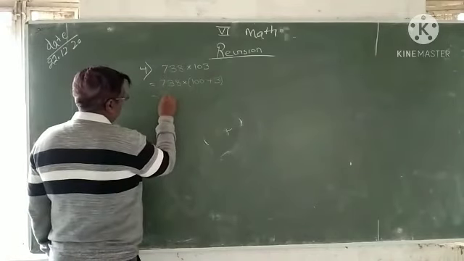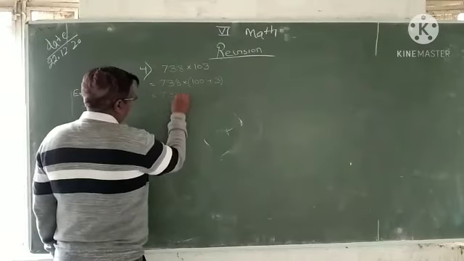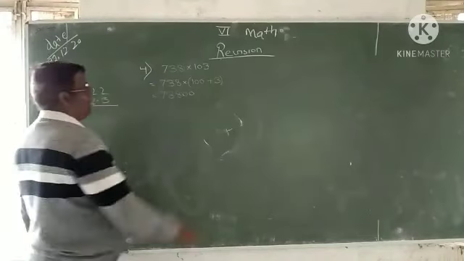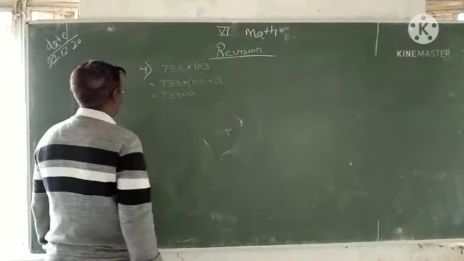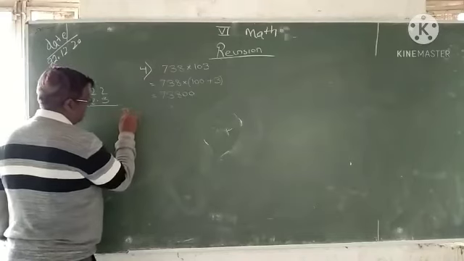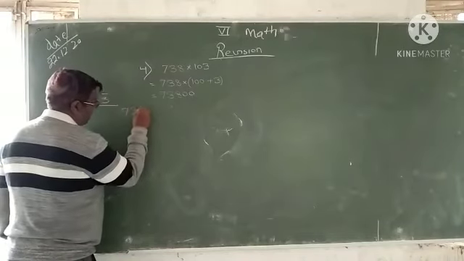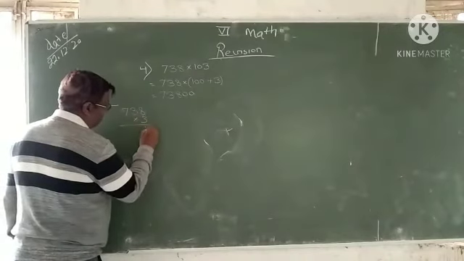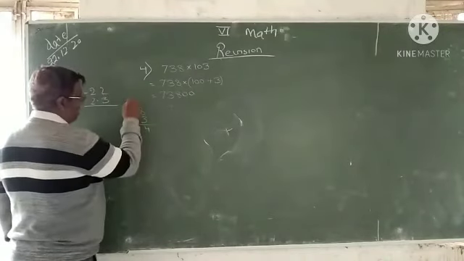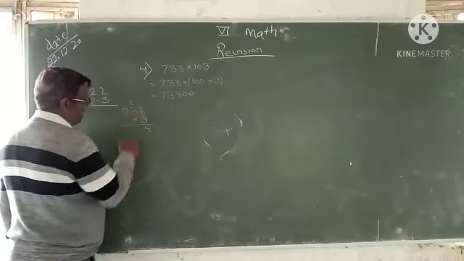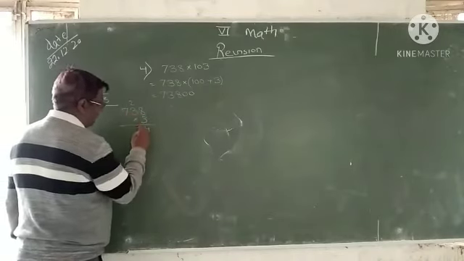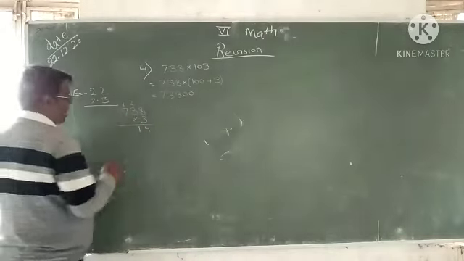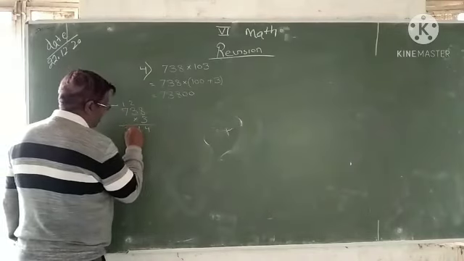It will become 73,800, and we need to multiply 738 by 3. 3 8s are 24, 4 carry 2, 3 3s are 9 plus 2 is 11, carry 1, 3 7s are 21 plus 1, 22.